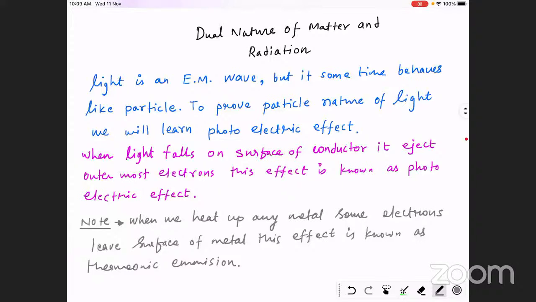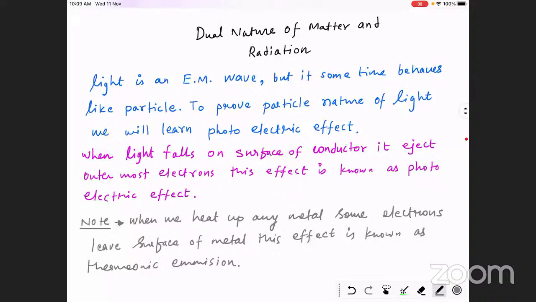Same thing is happening here in the photoelectric effect. In the photoelectric effect, we'll consider light as a particle. We'll assume light is made of very tiny particles called photons. And when these photons fall on the surface of metal, they collide with the electron.